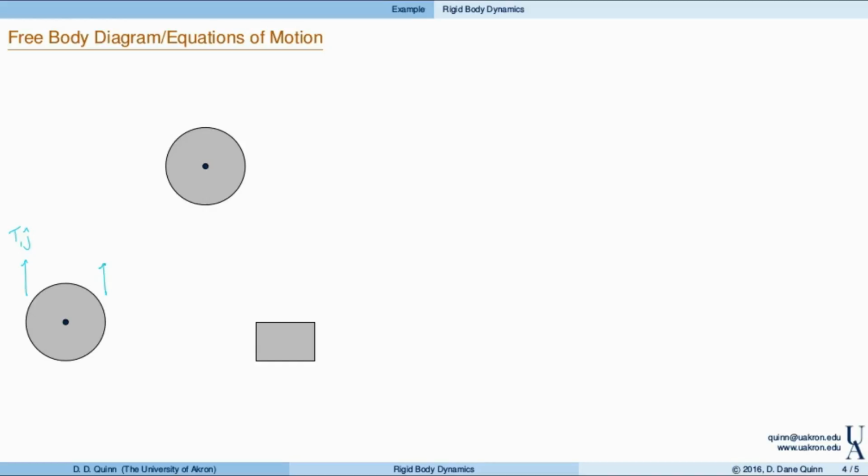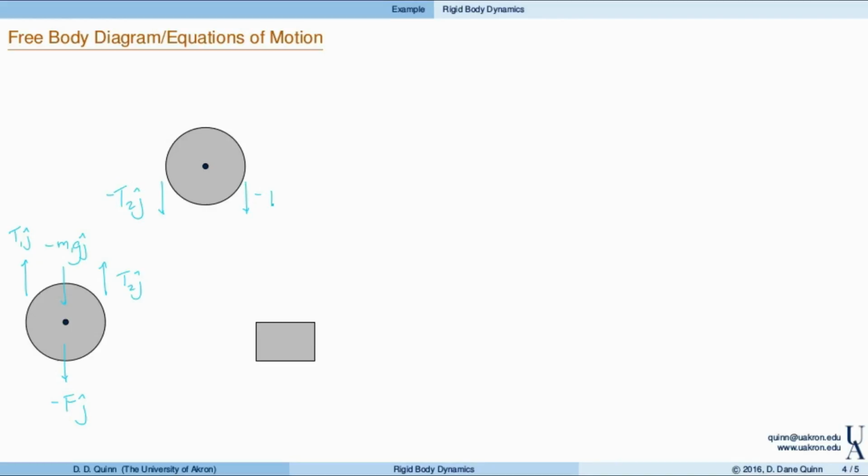So this force was T2 in the j direction. We have the weight as minus m1 g in the j direction. And we have the applied load minus F in the j direction.